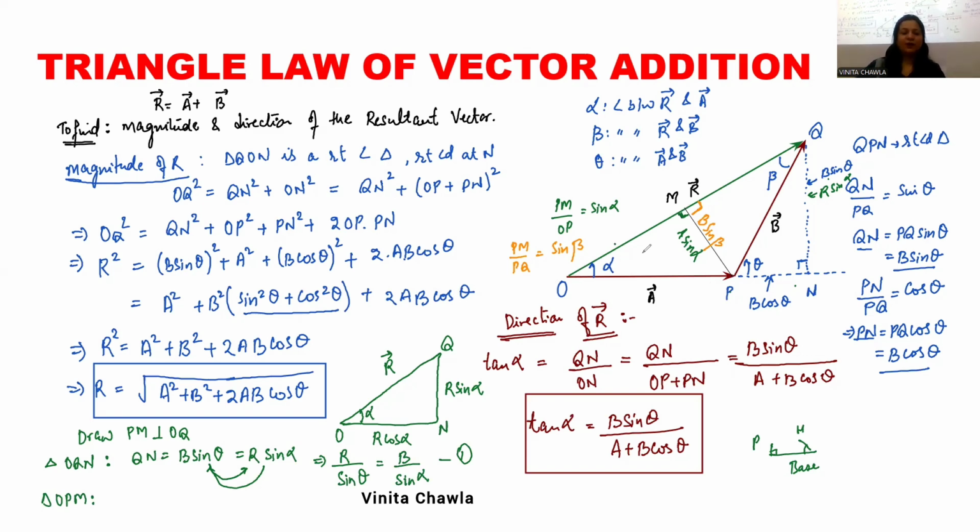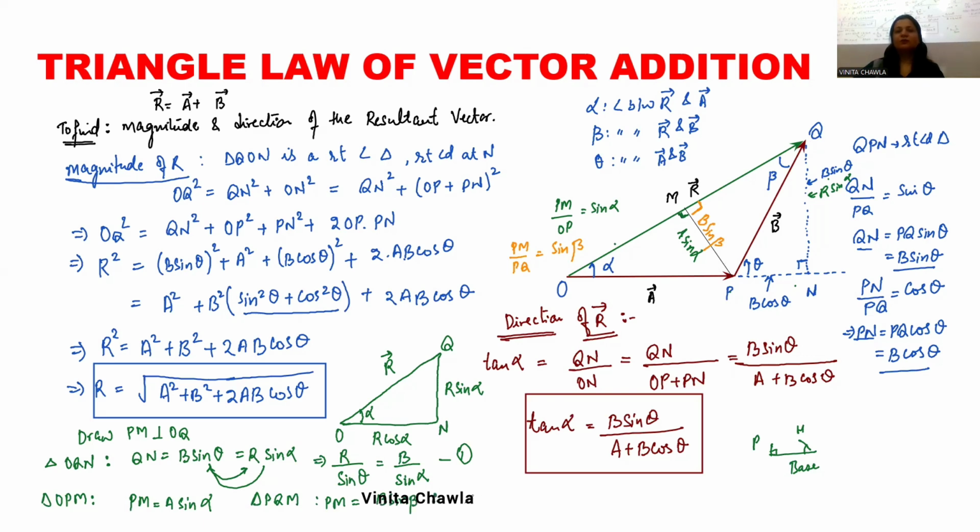Okay, here we have PM is equal to A sine alpha. Yes. And in triangle PQM, PM is equal to B sine beta. PQM is this triangle.